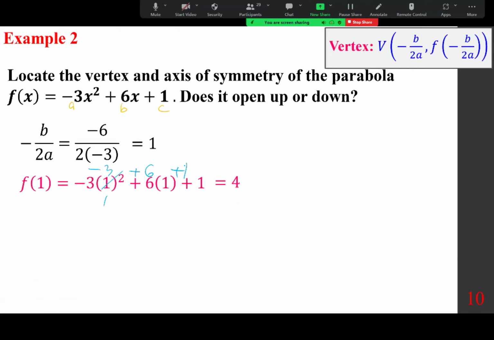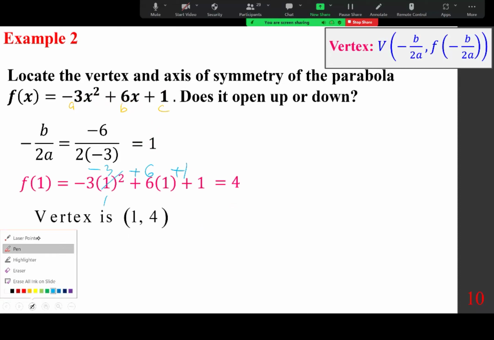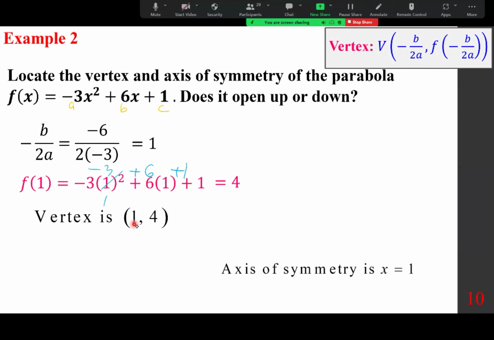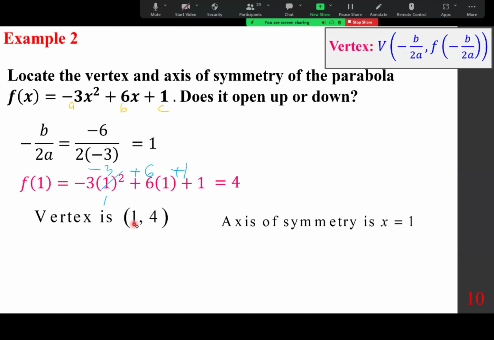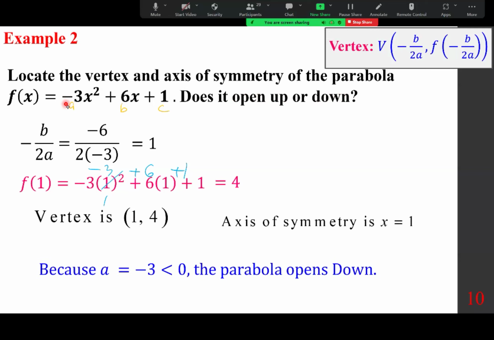So the vertex is located at 1, comma 4. Axis of symmetry x equals 1. A is negative, it opens down. So we answered all those questions.